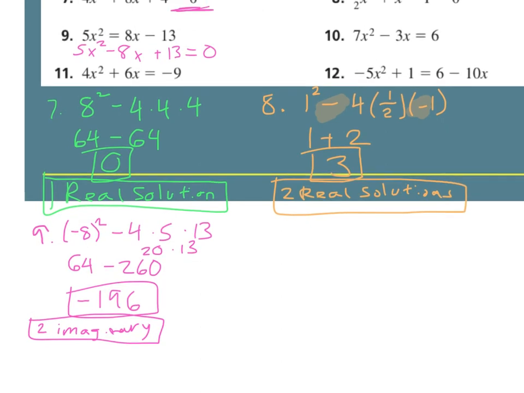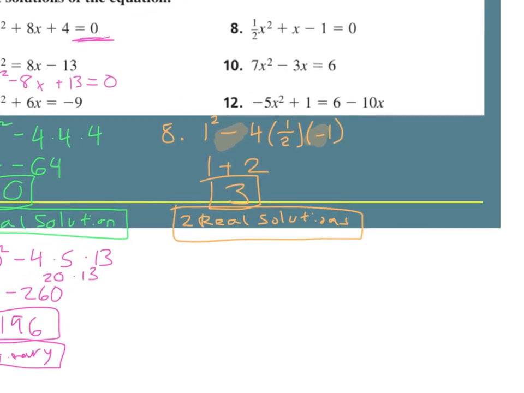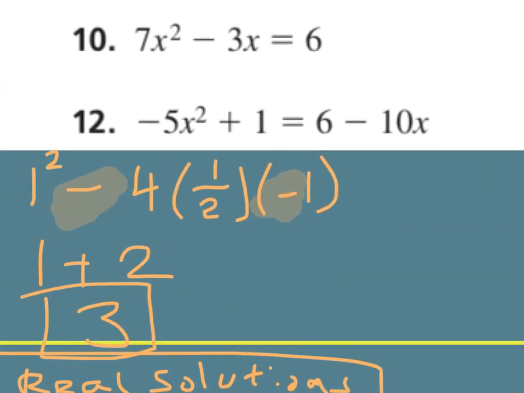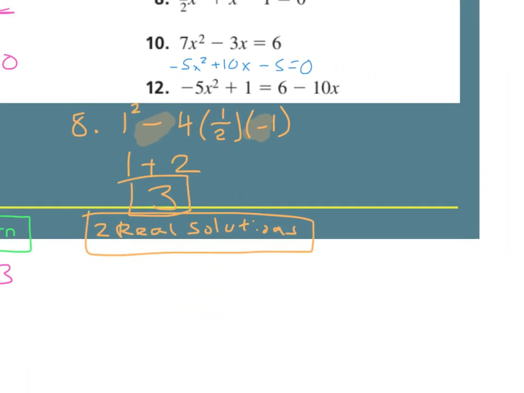All right, let's do number 12 together. So moving everything to one side of our equation, what would our new equation be for number 12? Awesome. Negative 5x squared plus 10x minus 5. So what's our b? 10, so 10 squared minus 4 times a.